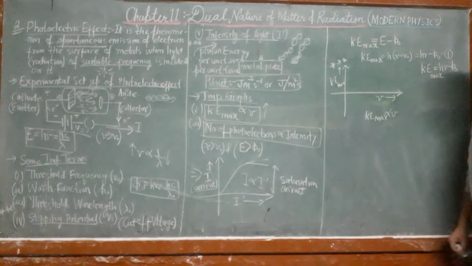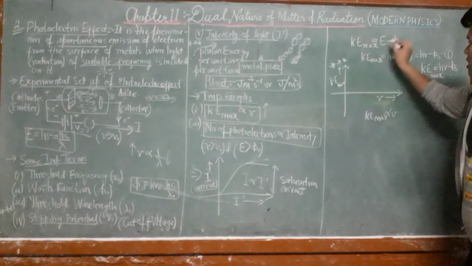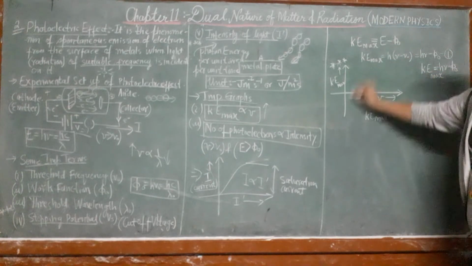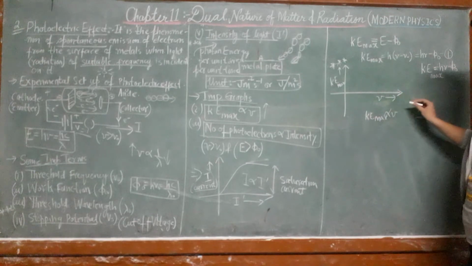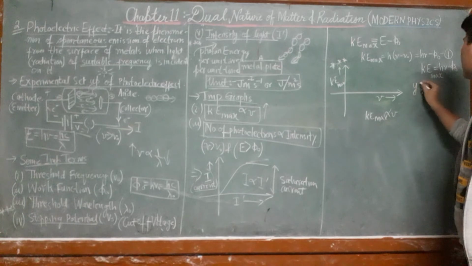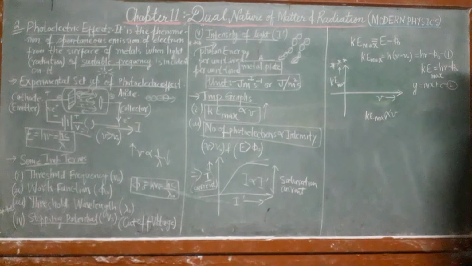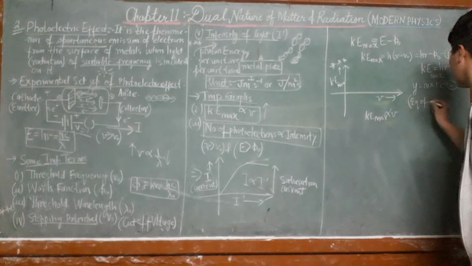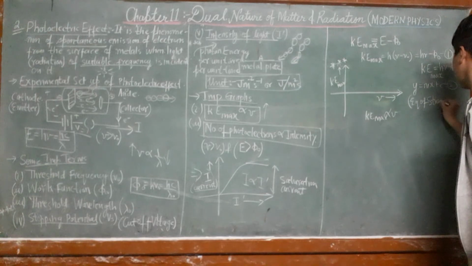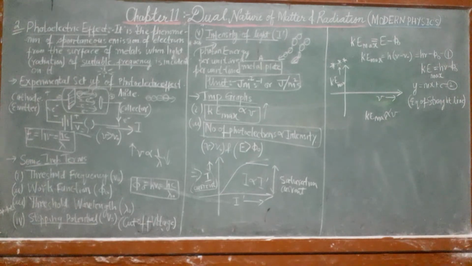Kinetic energy max and frequency are directly proportional, so obviously it is a straight line graph. Compare with y is equal to mx plus c, which is the equation of a straight line.